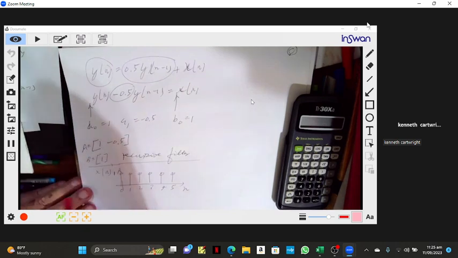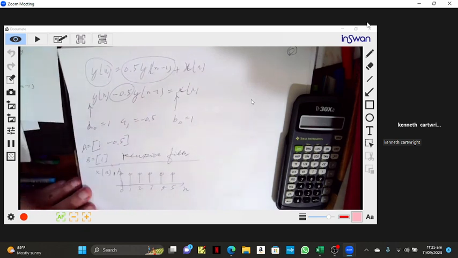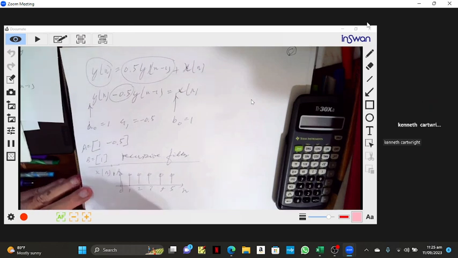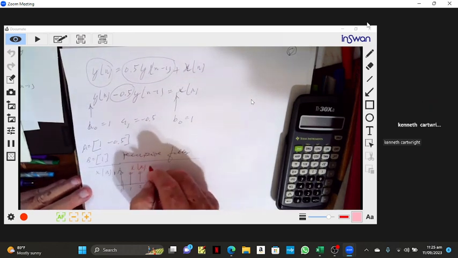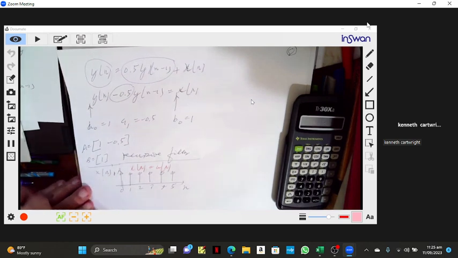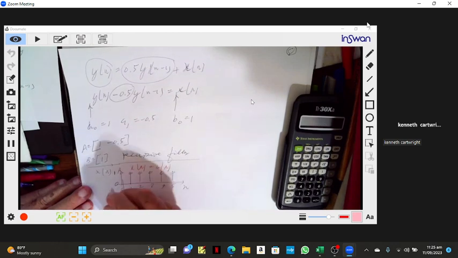Nobody can tell me the equation of x of n? Are we doing something like last week? It was a unit step function or something like that. Well, what's the equation of x of n, Mr. Buchamp? That's u of n. x of n equals u of n. So I didn't have to give you this graph. I could have simply said x of n equals u of n. I'd be conveying the same information to you as the graph is conveying.